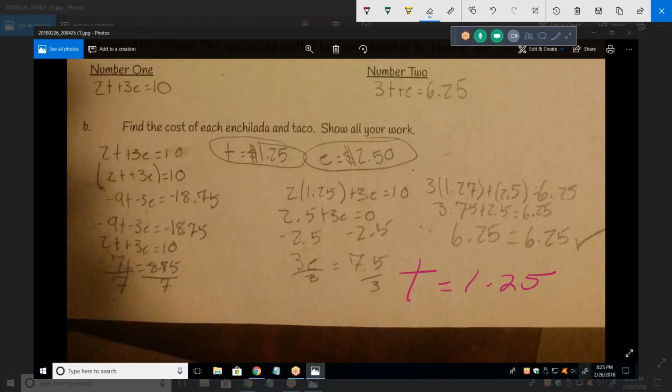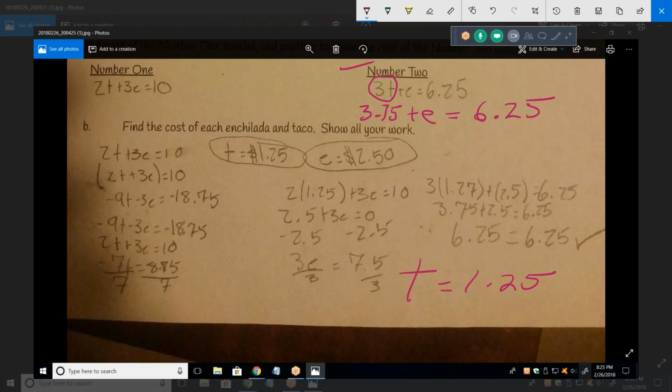The second one. Probably the second one, because it's only got one e over there. This one has 3 e's. At some point, we would have to divide both sides by 3. Okay? But if I go into that equation and substitute 1.25, I get 3.75 is what this becomes, plus e equals 6.25.